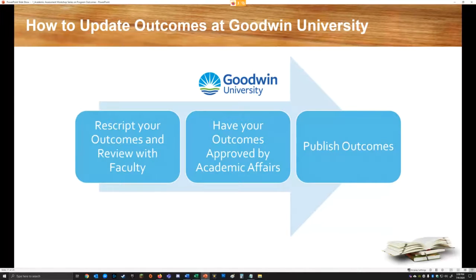For a course, you have to fill out a new course form, and that goes through your dean. I can provide it to you, but you fill out the form, your dean brings it to the academic leadership team, the ALT, and they look over your student learning outcomes. You might wonder why that happens.